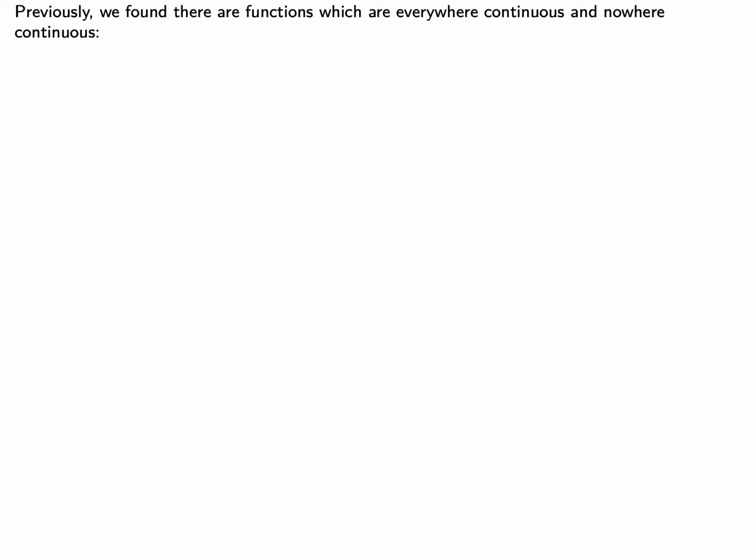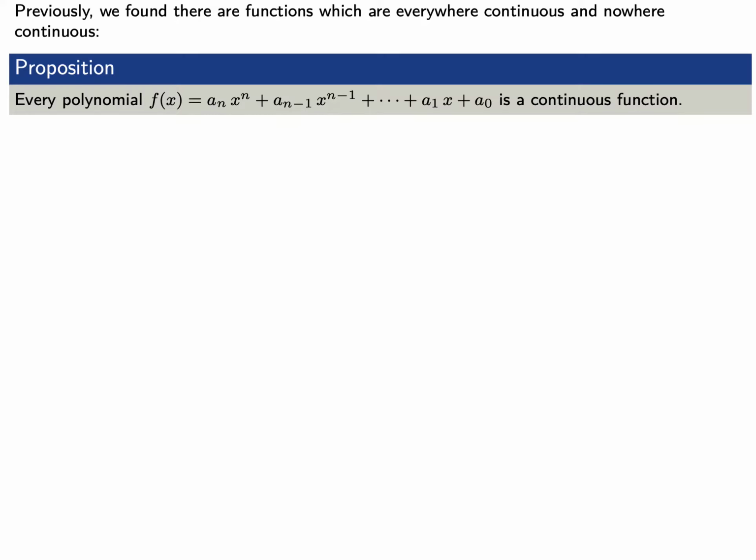Let's now get into the concept of a nowhere differentiable function. To do so, let's recall a few concepts that we've discussed so far throughout this course. Previously, we found that there are functions which are everywhere continuous, and there are functions which are nowhere continuous. For example, any polynomial is a continuous function for any real number.